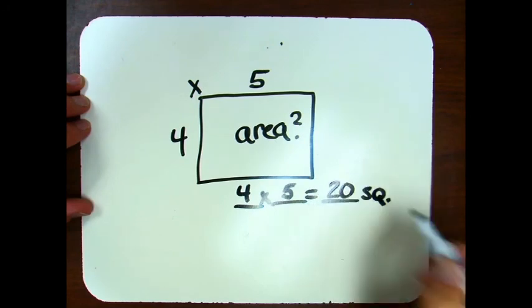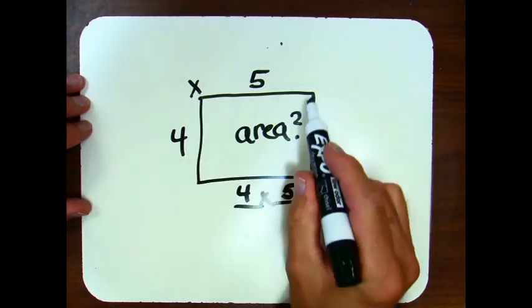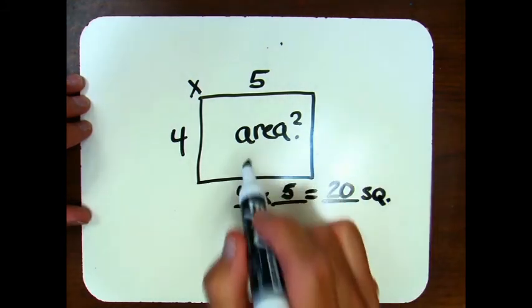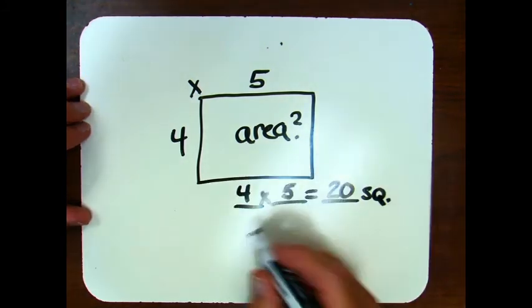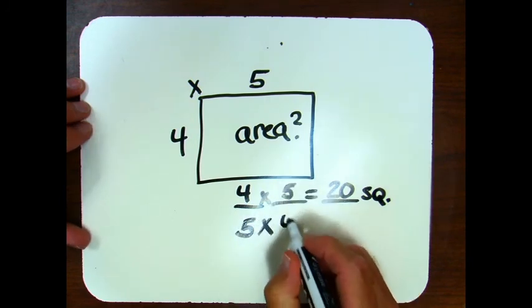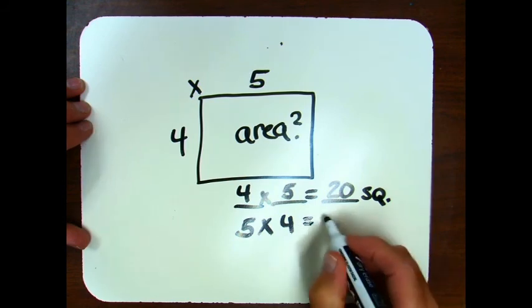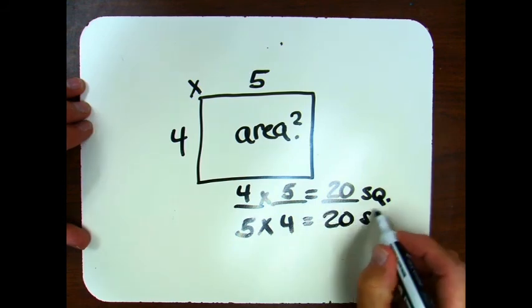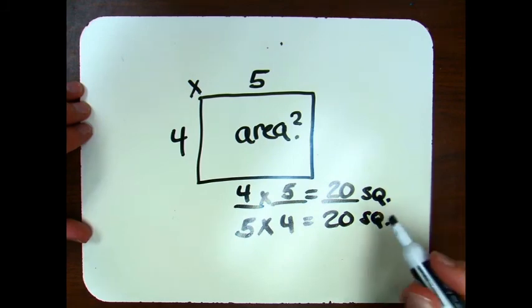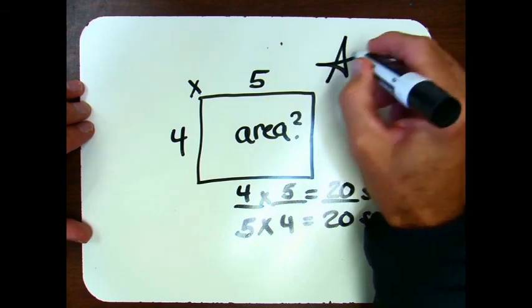I know that there's going to be 20 squares inside the perimeter, and 20 squares is going to fit into this area. I also know that I'm going to take my 5 columns and multiply that times my 4 rows, and I'm going to get the same identical product, 20. This would be correct.